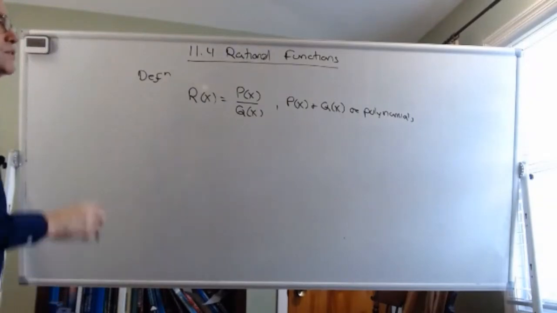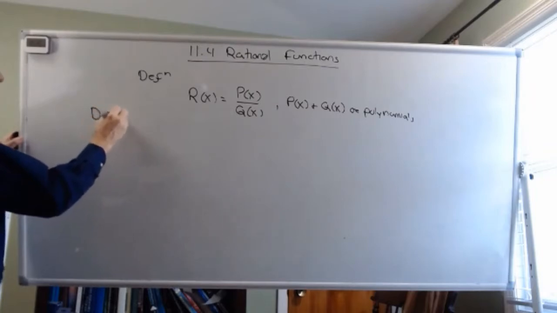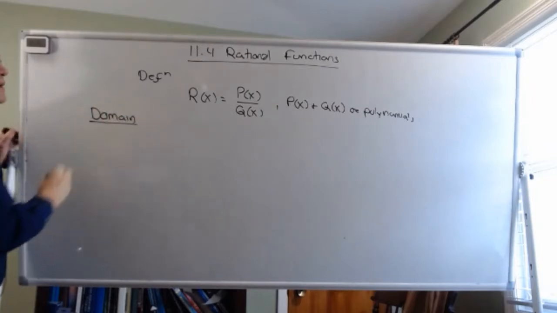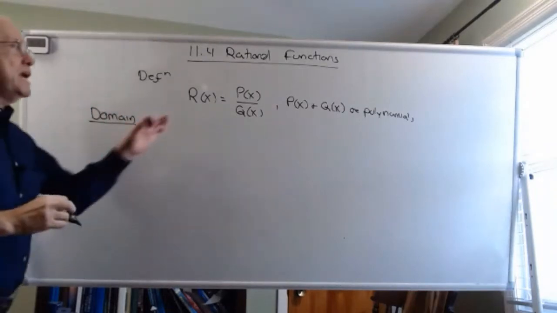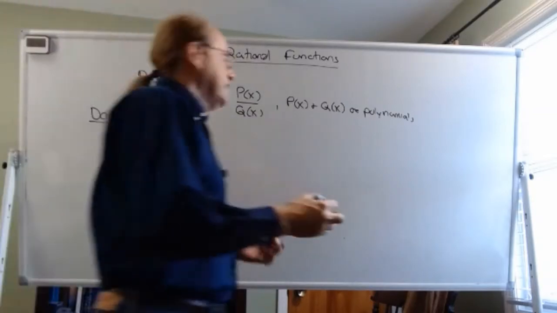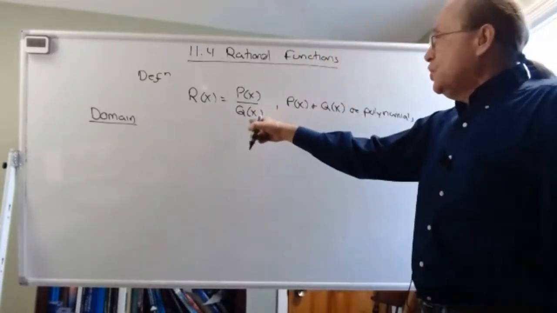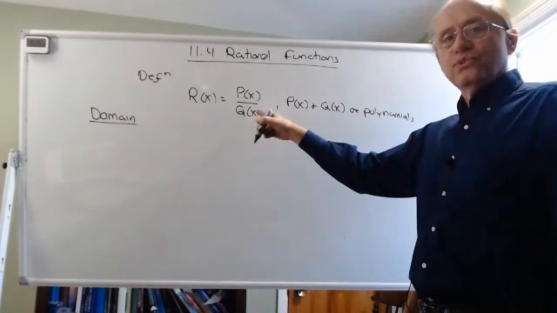Now, what are the things that we're concerned about with rational functions? Well, the first question that comes up is always the domain of that function. It turns out that the domain of r of x is all values x such that q of x is not equal to 0.